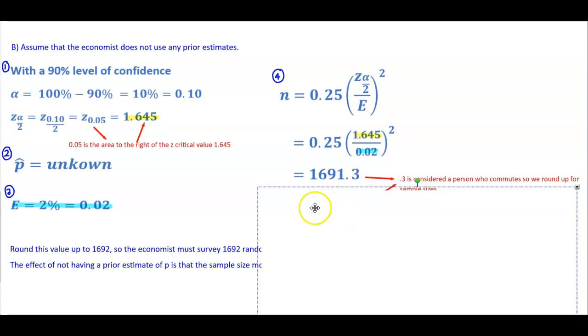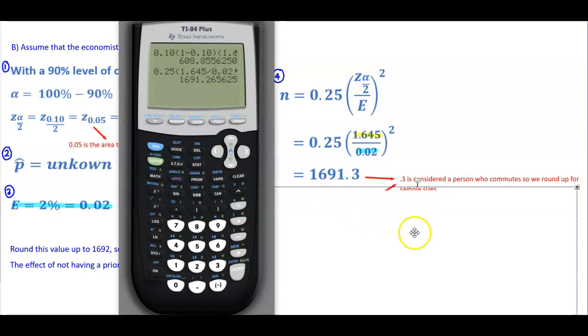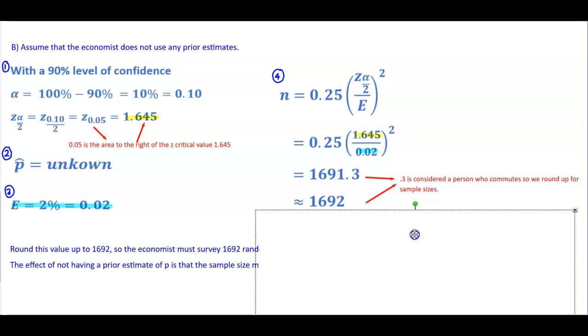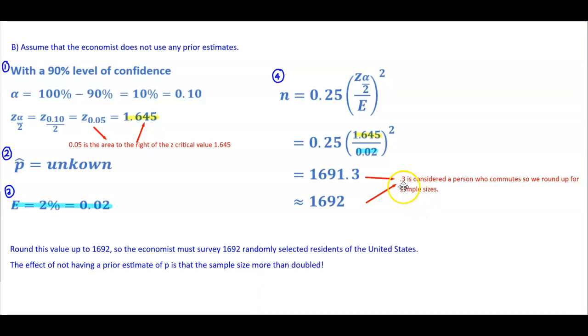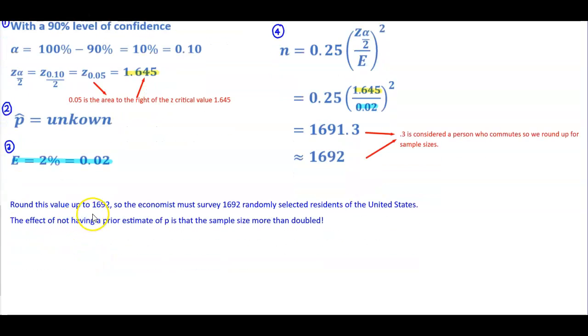We can round that to 1691.3, and therefore we need to round up, and 0.3 is considered a person who commutes. So we round up for the sample size to get 1,692. Rounding this value up to 1,692, the economist must survey 1,692 randomly selected residents of the United States.